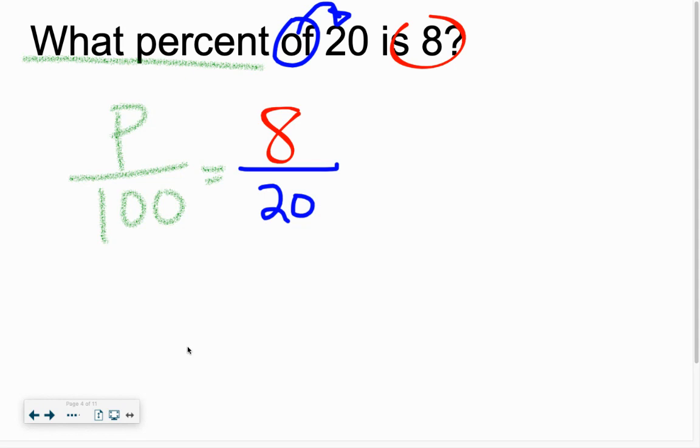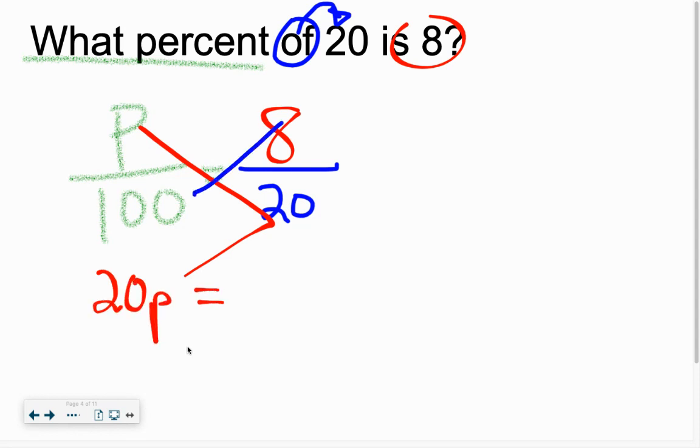Now that we have that, today we're going to use our proportion. Remember, that's where we use our cross product and we take P times 20, which gives us 20p. Remember last chapter where you had to write that step out? Well, we're past that chapter. You easily could write down 8 times 100, but you can bypass that step now. We've got that ingrained in our minds, what we're doing.